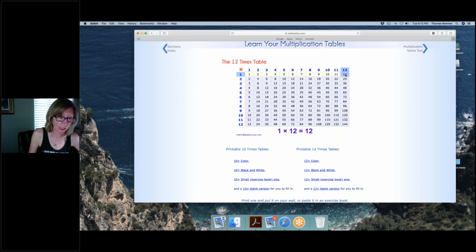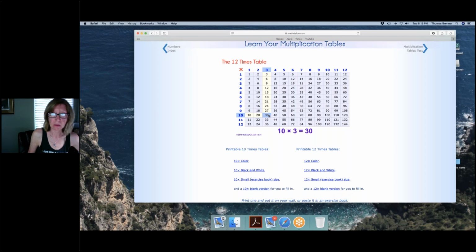Rule number 3, to multiply by 10, attach a 0. So let's go down to 10. So 10 times 1 equals 10. So with this rule, you would add a 0 to the number 1. 10 times 3 is 30.